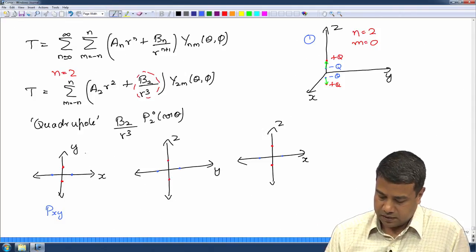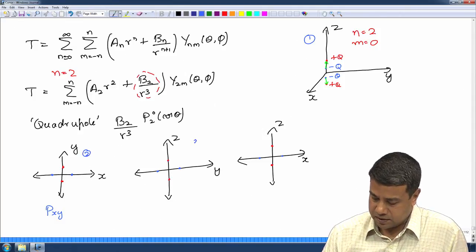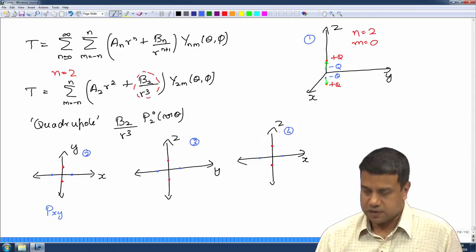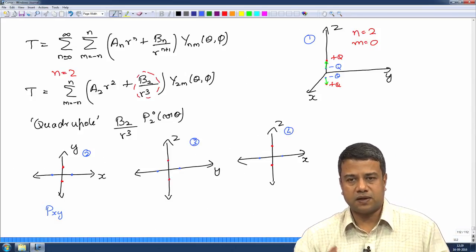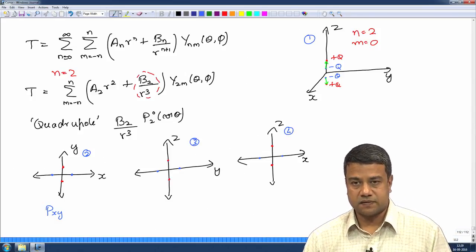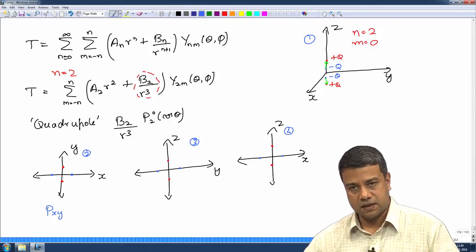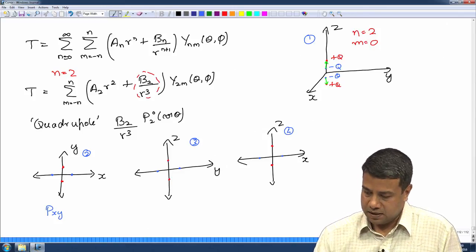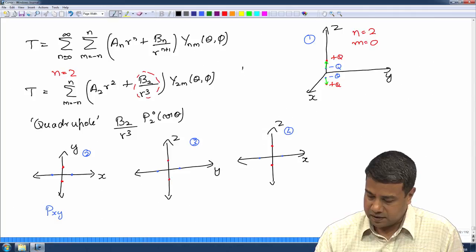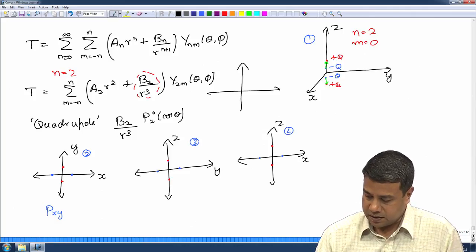Then you have 3 solutions in which these sources and sinks are separated along the coordinate axis, x and y axis first, y and z axis next, and x and z axis next. And finally, you have one final solution in which these are off center along the xy.